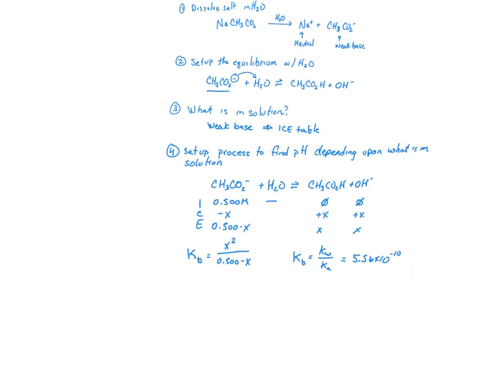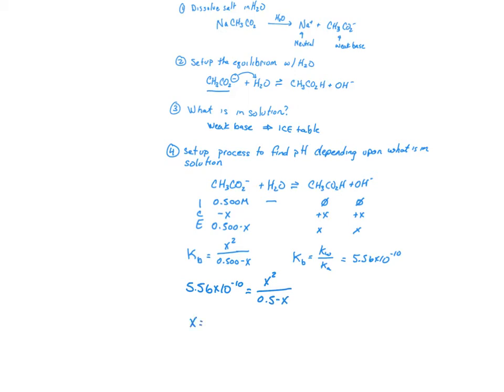And so if I set up and solve out my ice table, I have 5.56 times 10 to the minus 10 is equal to x squared over 0.5 minus x.